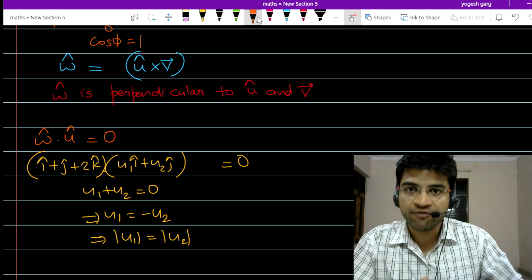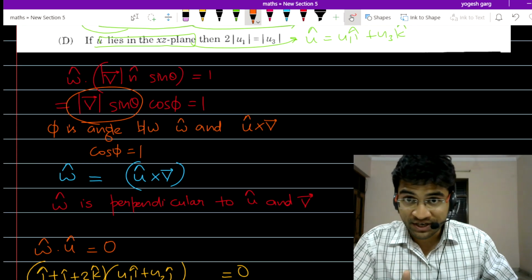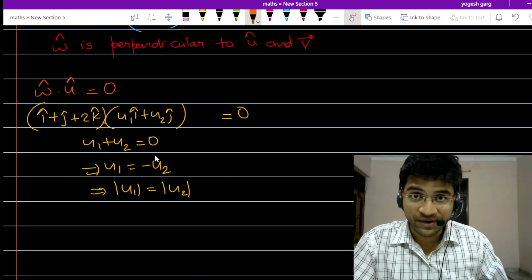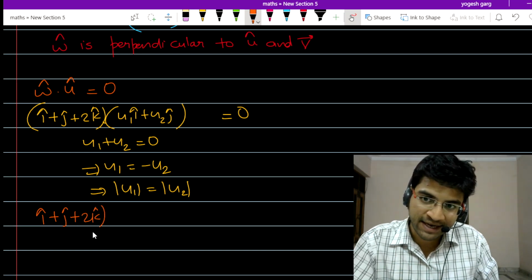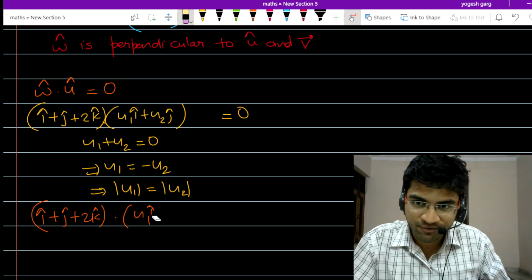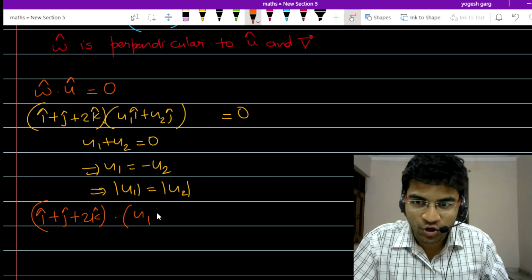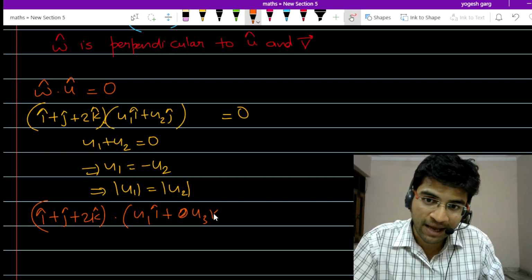Similarly, check for D option whether D is correct or not. For D, we have to take i cap plus j cap plus 2k cap and take the dot with u1 i cap plus, not u2 j cap, but u3 k cap.